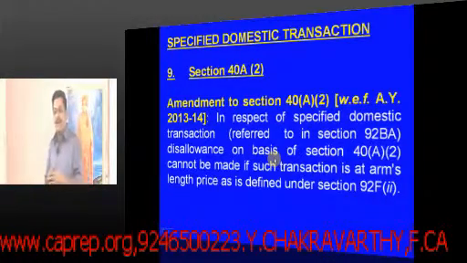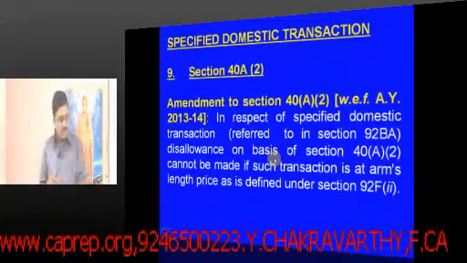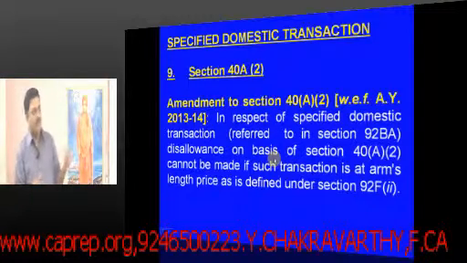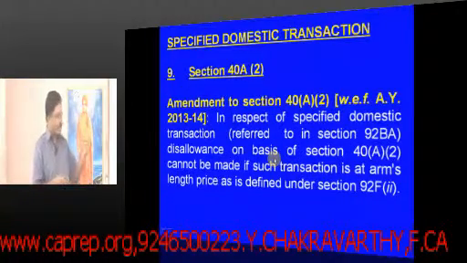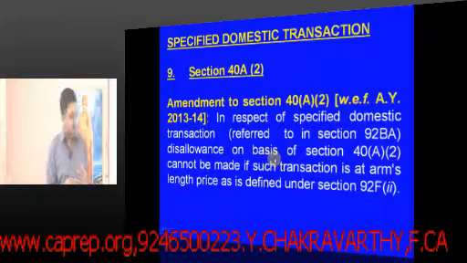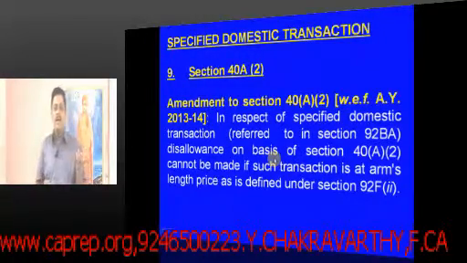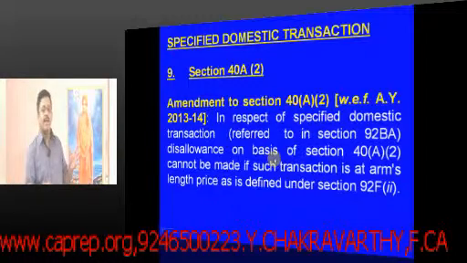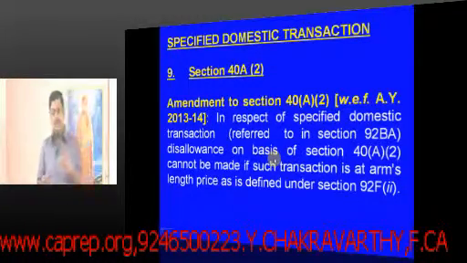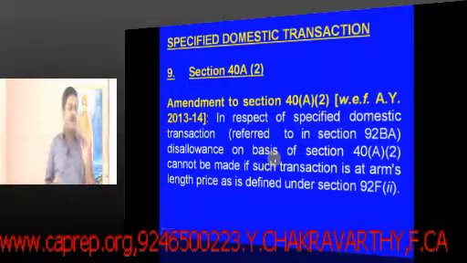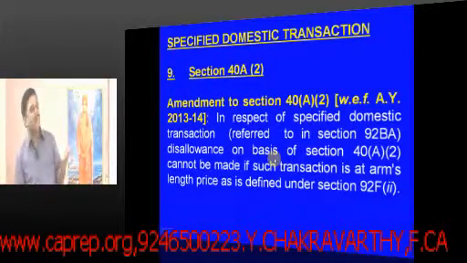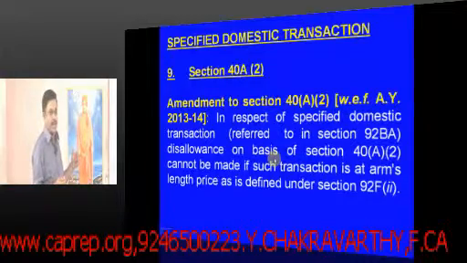Otherwise it is very difficult because so much procedure is there. Anyhow, we will discuss it. You have to maintain certain documents in respect of such transactions, and when the assessing officer feels like it he can refer the matter to the transfer pricing officer. That procedure is there, and if you don't maintain proper accounts for such transactions, you will be penalized.